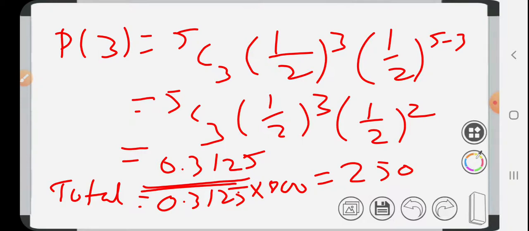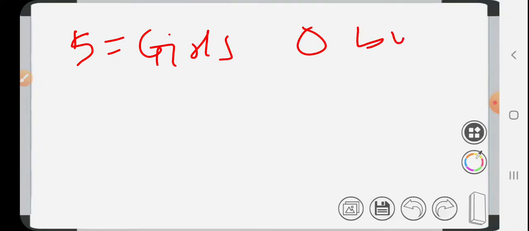Second one, what is our second question? Having 5 girls. Total are 5 and 5 girls means, what does it indicate? 5 girls means 0 boys. Right? So P of 0 or F of 0 we have to find.